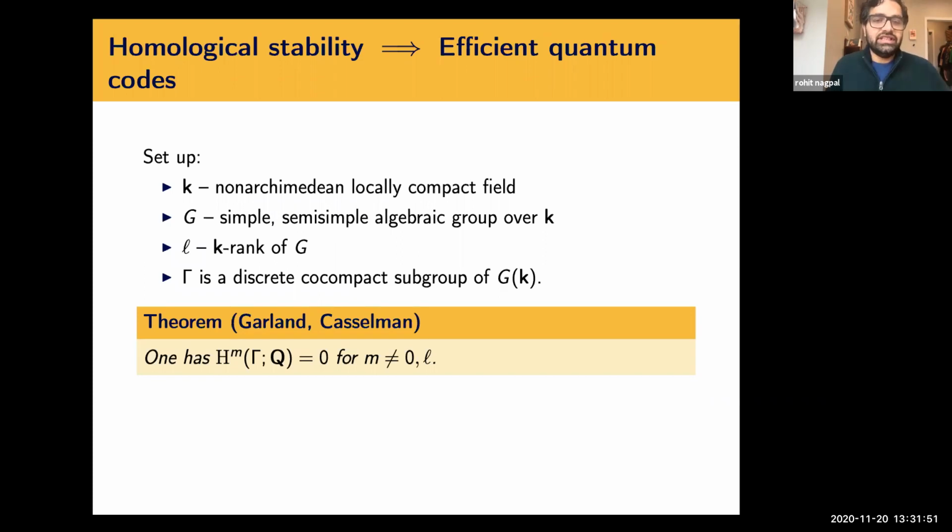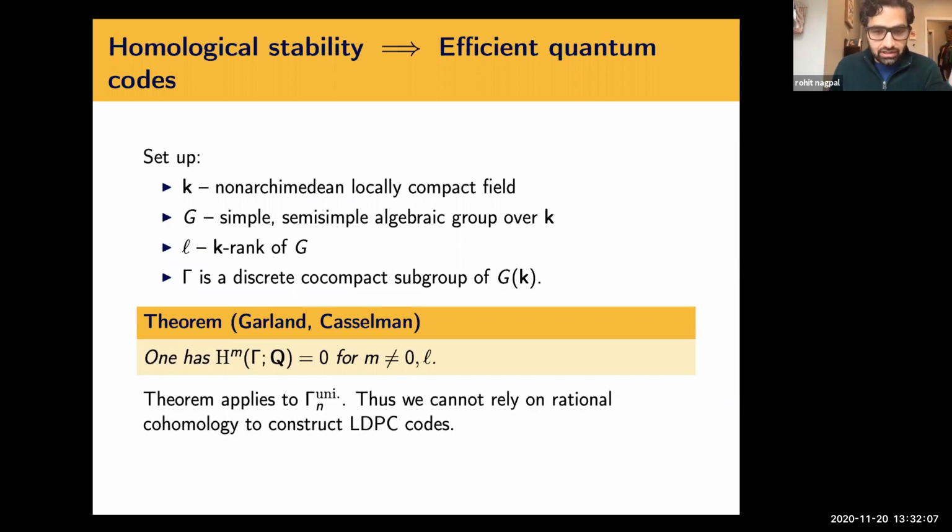So this result does apply to the congruence subgroup of the unitary group that we have been talking about, because we saw that for finiteness we need its inclusion inside U(N, F) to be discrete and cocompact.